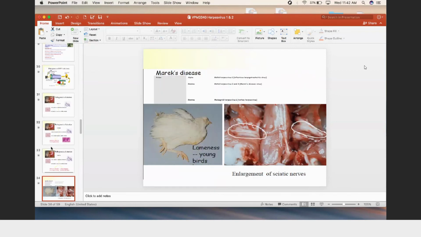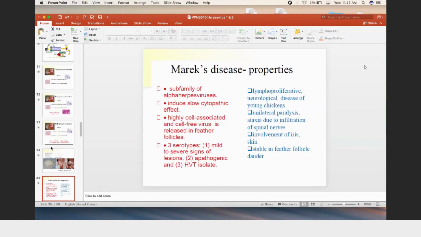Okay, the next one is Marek's disease virus. What is Marek's disease? It is actually a herpes virus. In this case, it is very special. It is not gamma.